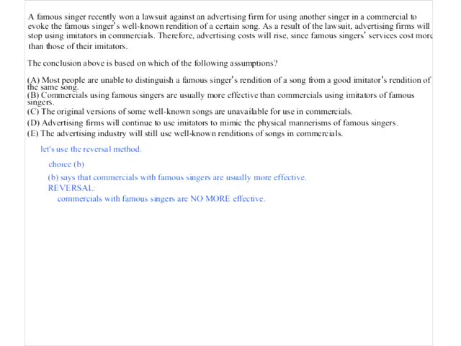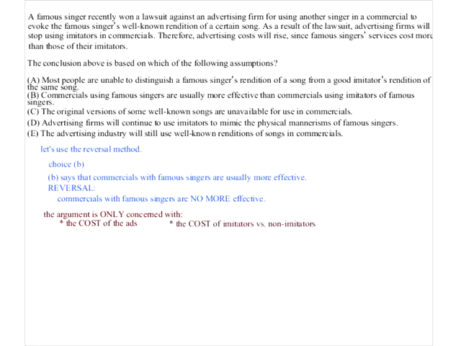Okay, the argument is only concerned with the cost of the ads, and then also the use of imitators versus not use of imitators, like the cost of imitators versus non-imitators.